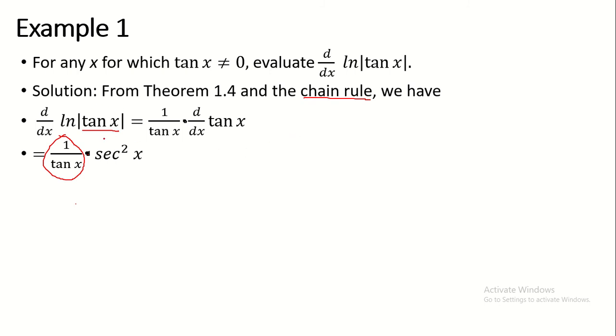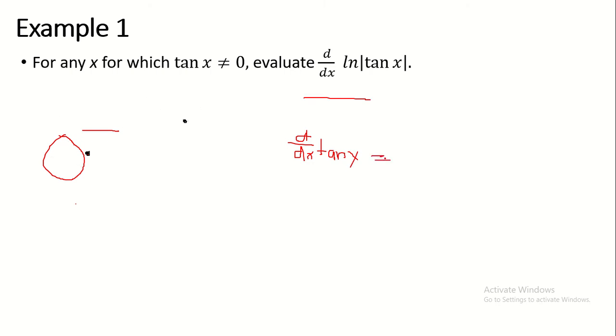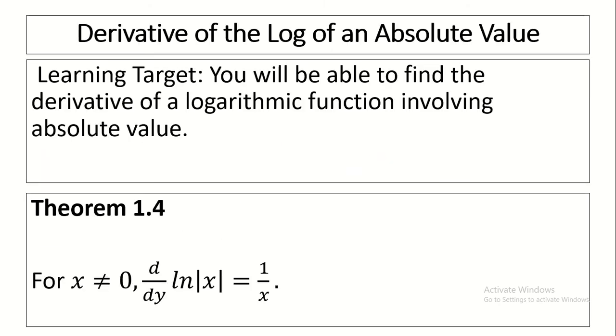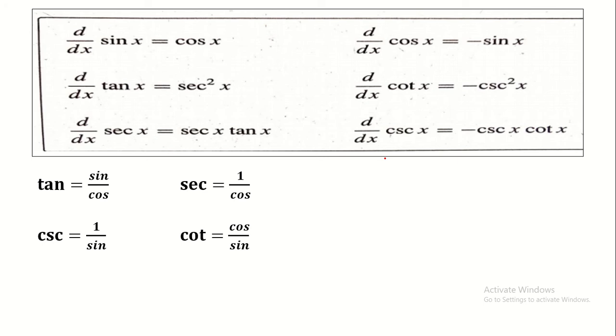So, kukunin natin yung derivative ng tangent x. So, the derivative of tangent x is equal to, kung babalikan natin yun, the derivative of tangent x is secant square x.